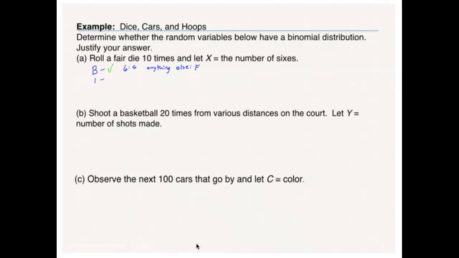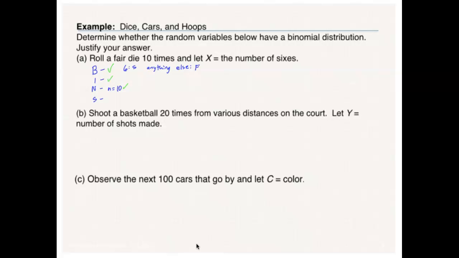Independent. Are dice rolls independent? Does the die remember what it rolled before? The die does not remember what it rolled before, so one outcome will not affect the next. So yes, these are independent. N, is there a fixed number of trials? In this case, yeah. We want to roll it 10 times, so we'll say lowercase n equals 10. Check. And then S, is the probability of success the same for every roll?